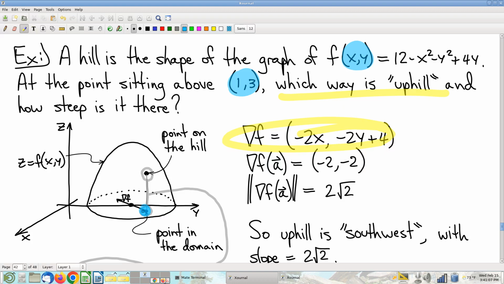I'm actually on the hill. I'm at an x, y, z, but it's only x and y that I need to talk about because that's the point where gradients are evaluated, right? So 1, 3 gets plugged into here, and that gives me this as my gradient. Everybody good?